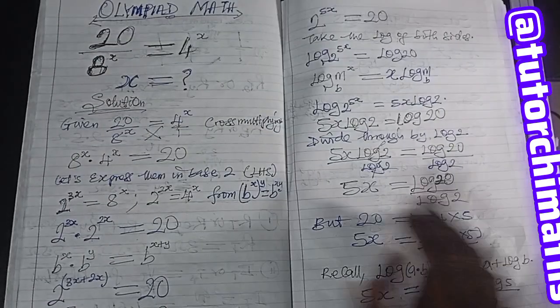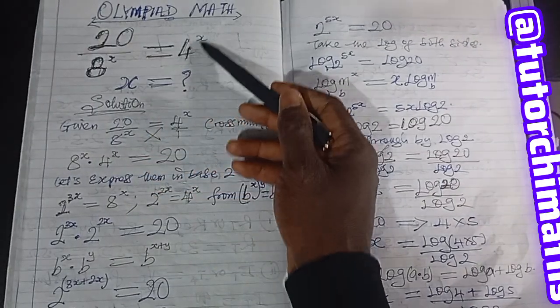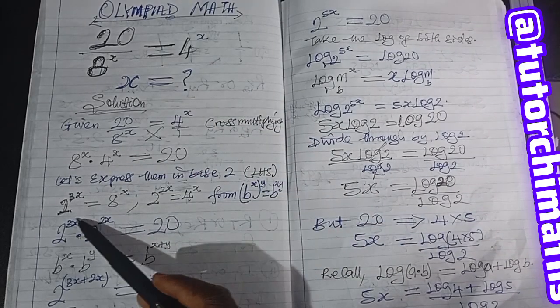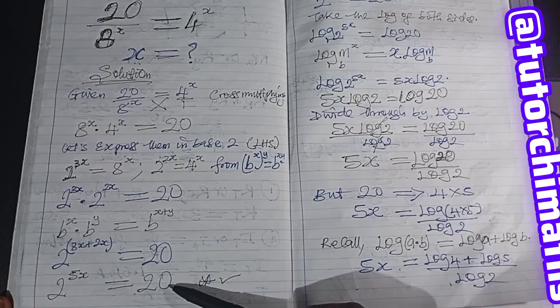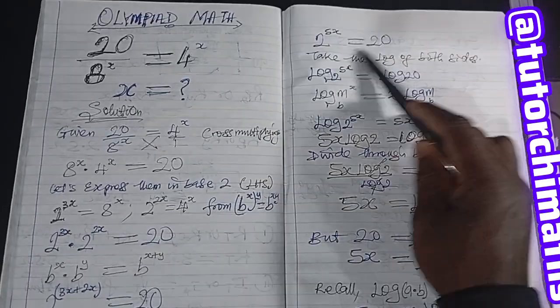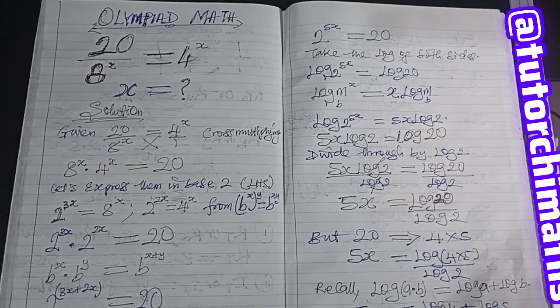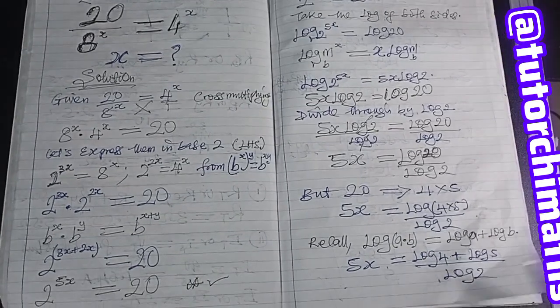Quick recap. 20 divided by 8 raised to power x equals 4 raised to power x. Just simply cross multiply and you have this. Express this in base 2 and you have 2 raised to power 5x equals 20. Then take the logarithm of both sides and apply various laws of logarithm. You have 5x equals log 4 plus log 5 divided by log 2.